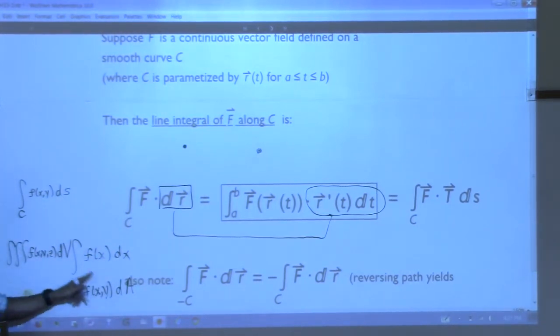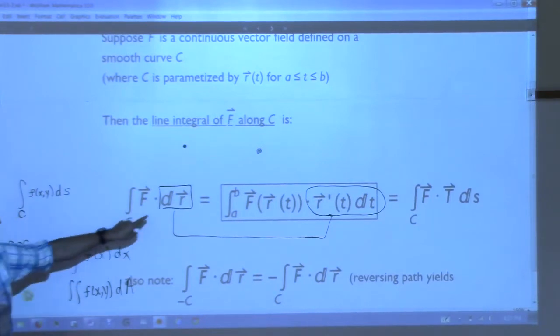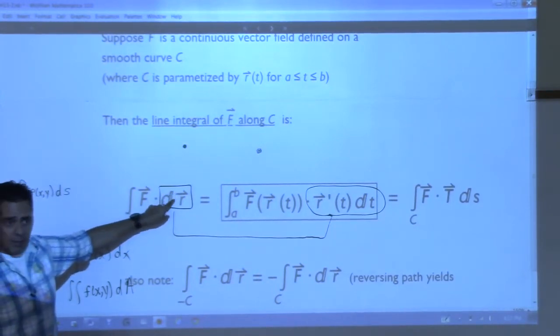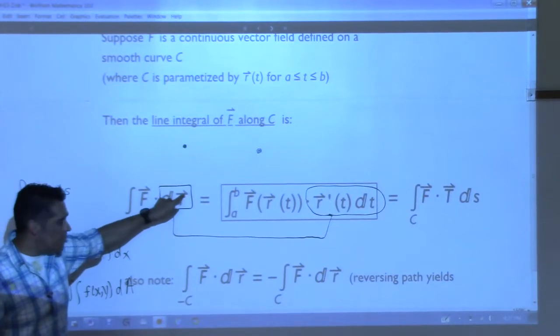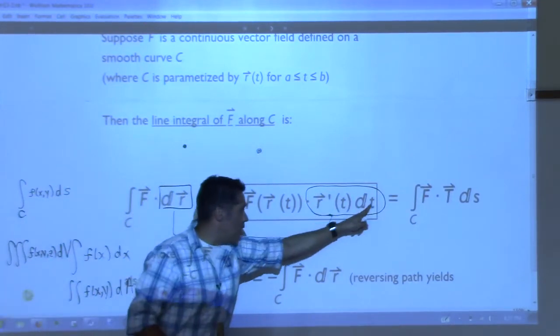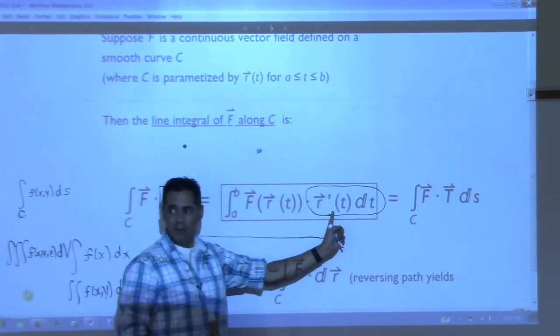Everything has been scalar. First time ever that your differential is vector valued. And that's why it's dr with the vector, right? And that's because that part is a vector, right? This is a vector.